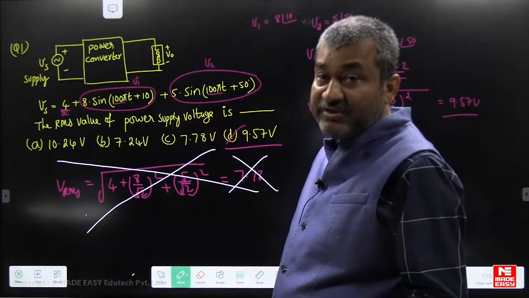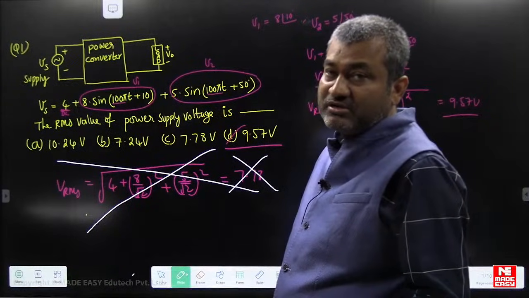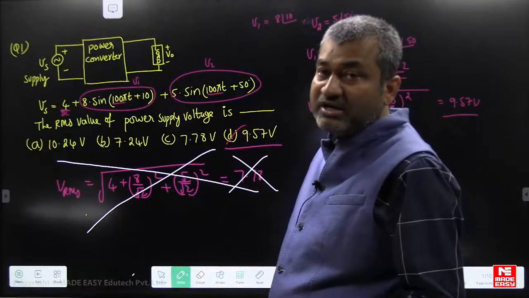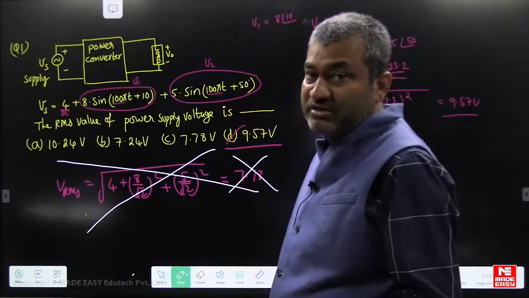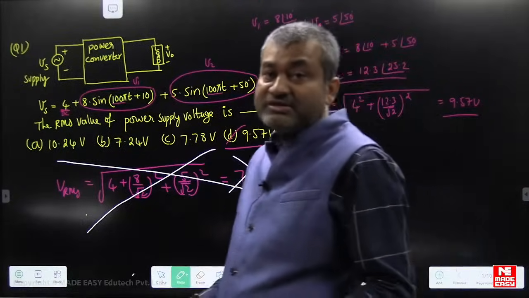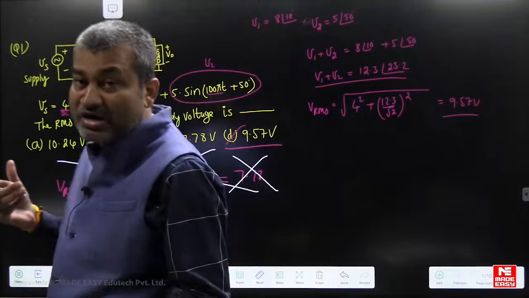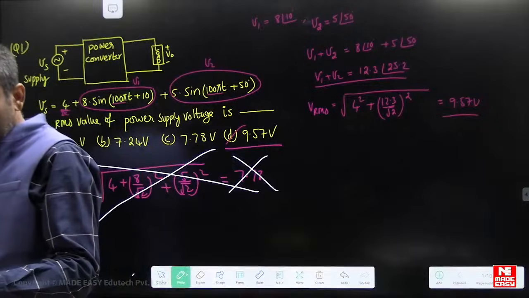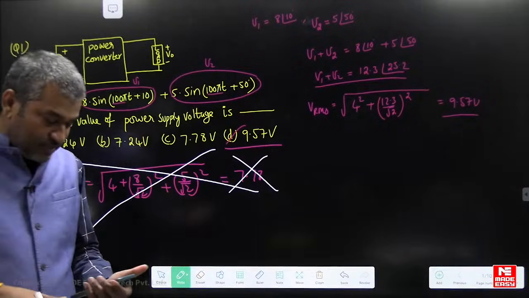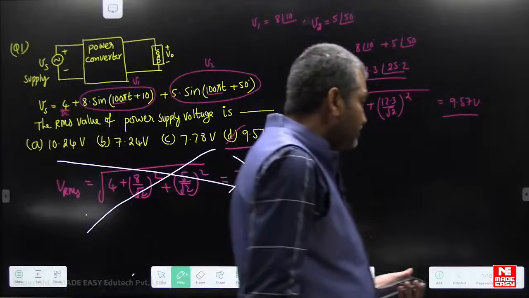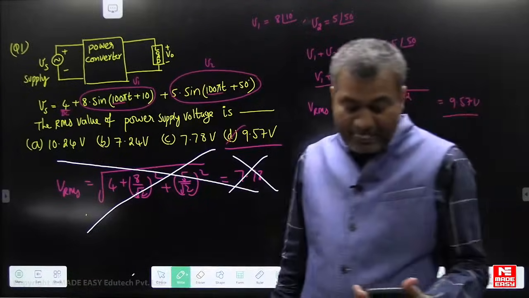Observation is very important in the question. Read the question properly, each and every point. Don't miss any point. In spite of having a very good concept, because you did not read the question properly, many persons made the same mistake. Fine.